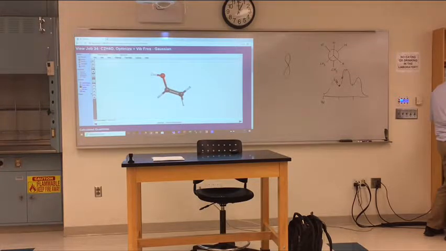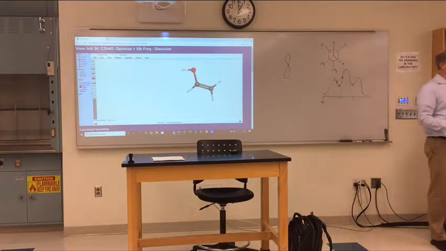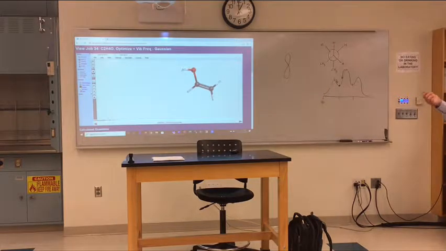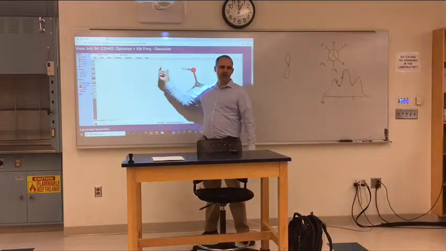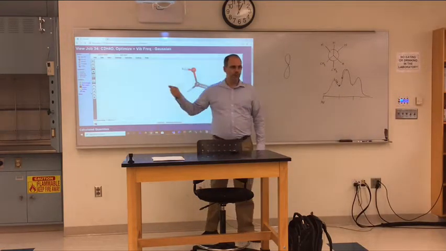You rotate it around. The next one is translate. So if we wanted to move that off to the right, maybe we wanted to see hydrogen bonding between ethanol and water, so move the ethanol over to the side, and then we can add in a water over here and look at the interaction between the two.